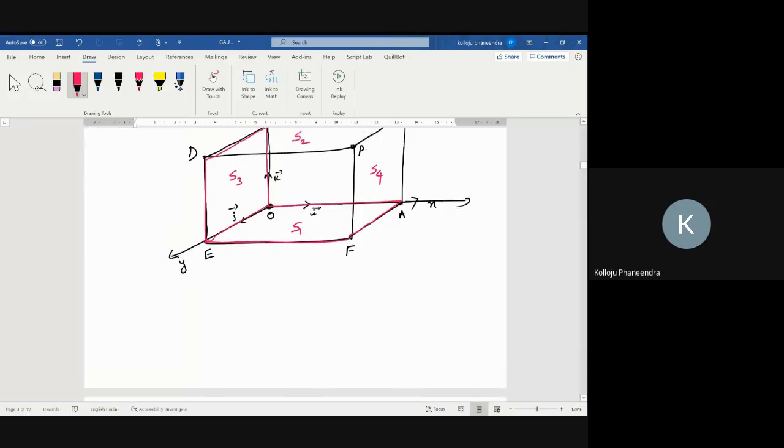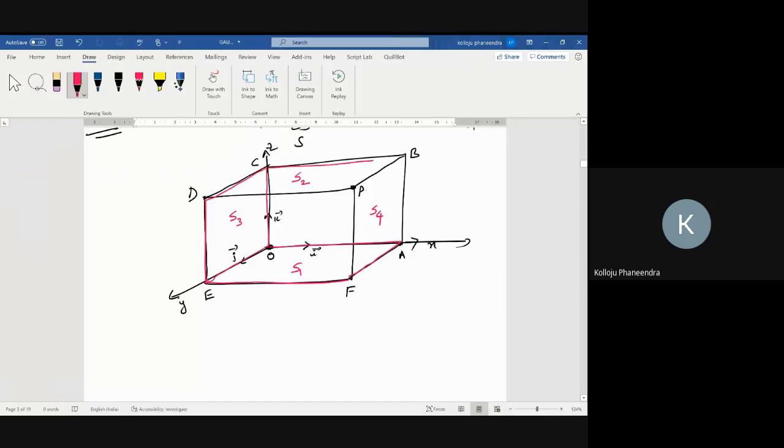What is the back one? This back side surface I am taking as S5, and the front surface as S6. It is not possible to show S6, so let me write here S6, front one. All of you understood? 6 subsurfaces. Yes, sir. Okay.